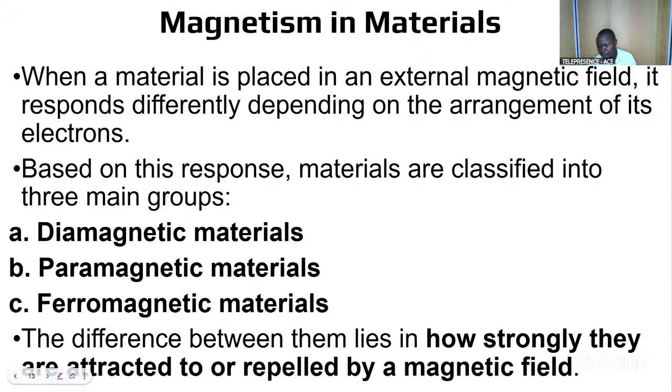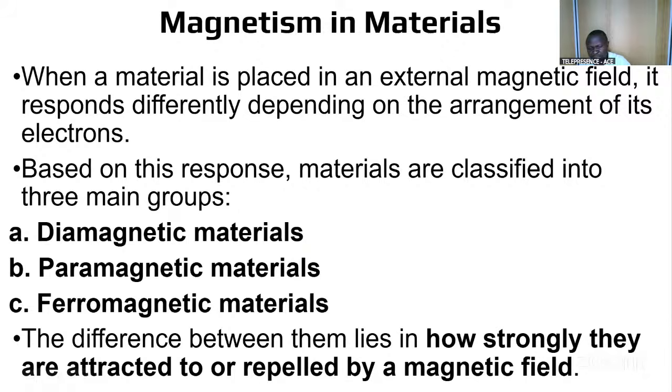So we want to look at magnetism in materials. When a material is placed in an external magnetic field, it responds differently depending on the arrangement of its electrons. Based on this response, materials are classified into 3 main groups: diamagnetic materials, paramagnetic materials, and ferromagnetic materials.